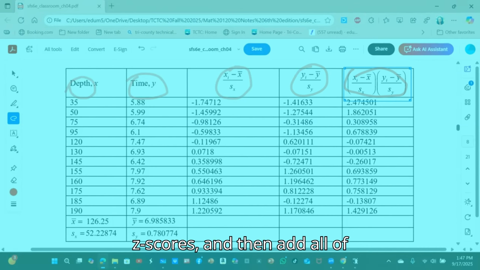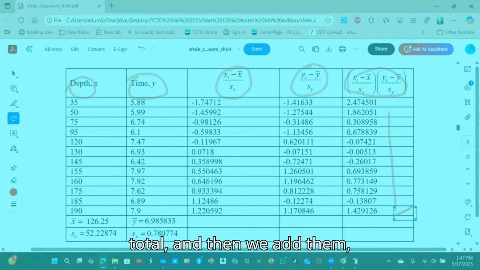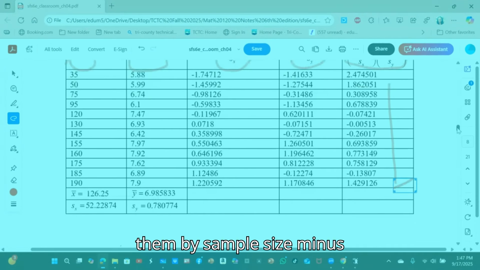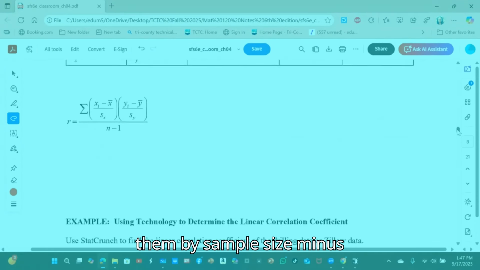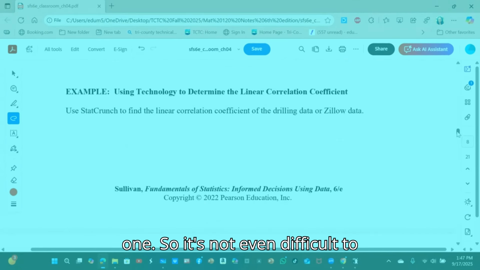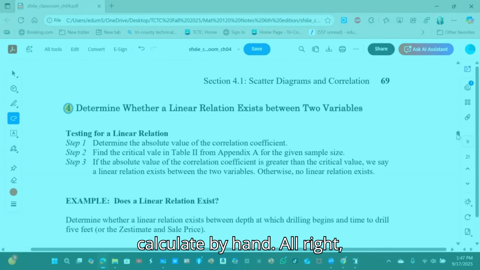Then we add all of them, total, and divide by the sample size minus 1. So it's not even difficult to calculate by hand.